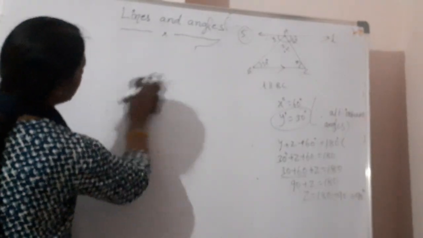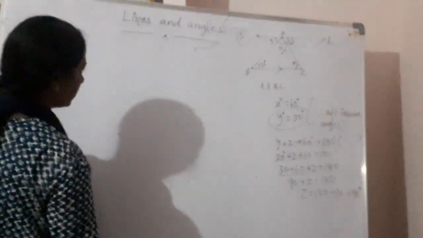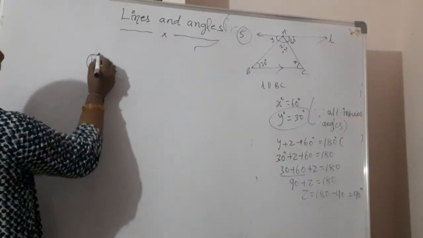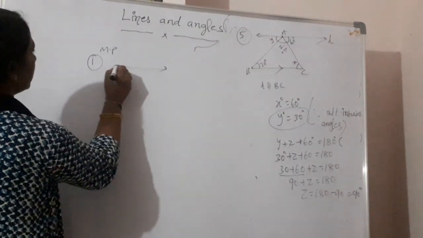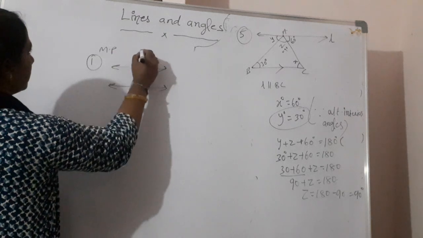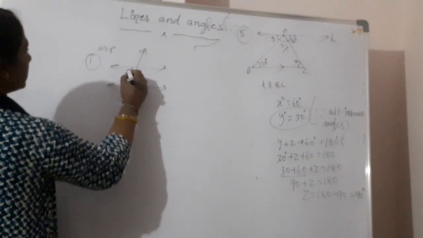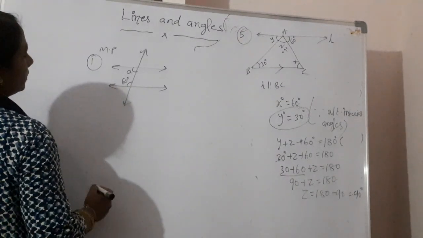Generally I will give questions in the class. When I finish the class, immediately I will give model problems. So you also can do. Let's see. Model problem. Here A and 60 degrees.